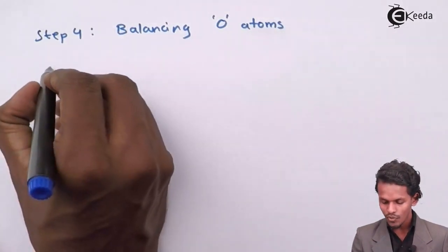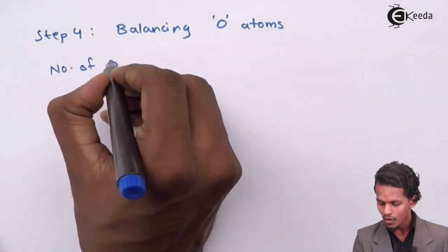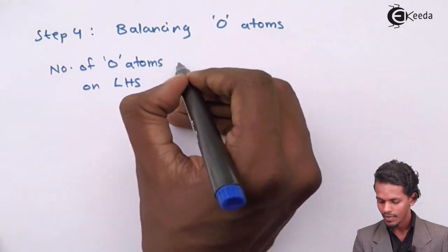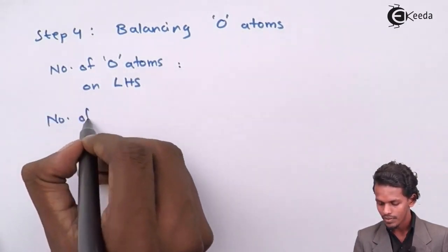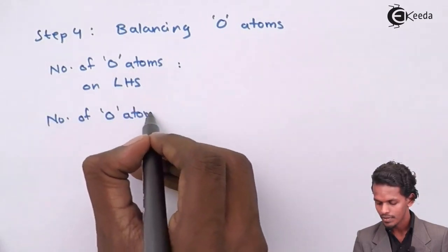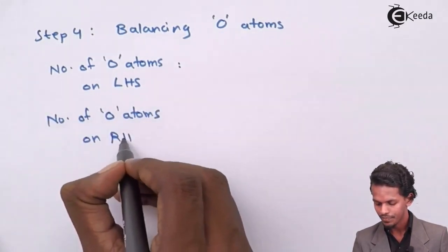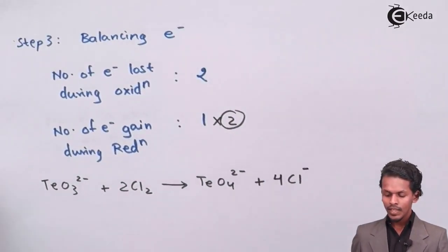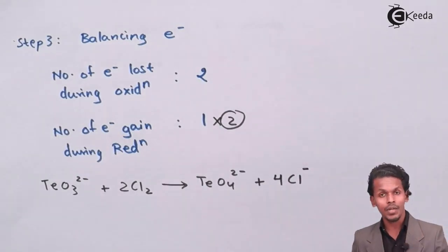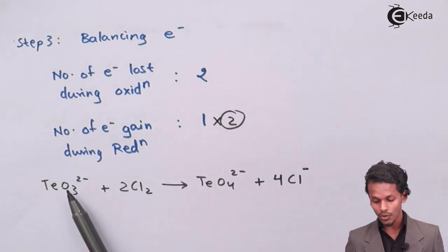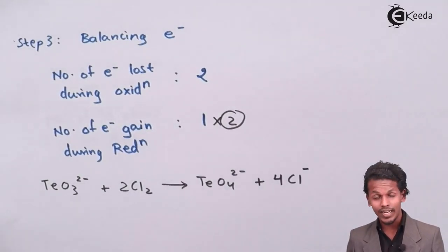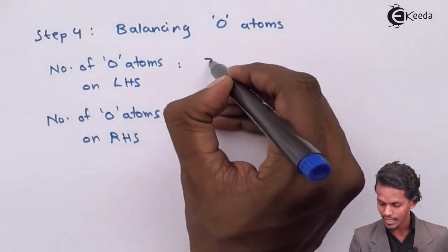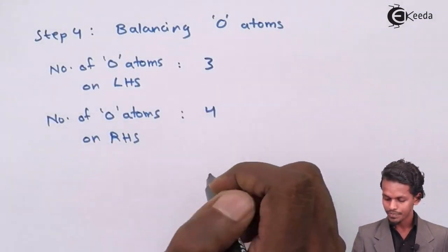Let us see what would be the number of oxygen atoms on the left hand side and on the right hand side. So let us compare. The number of oxygen on the left hand side, that is on the reactant side, is found to be 3, while in case of the product it is found to be 4.